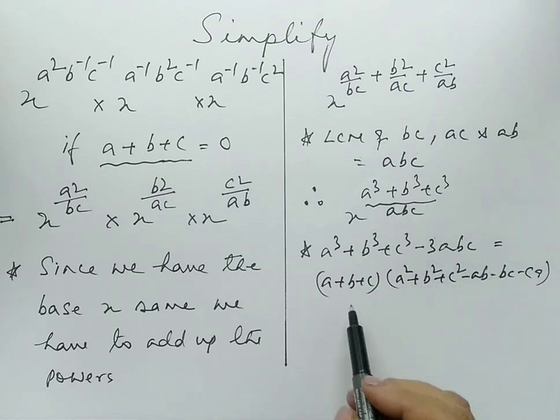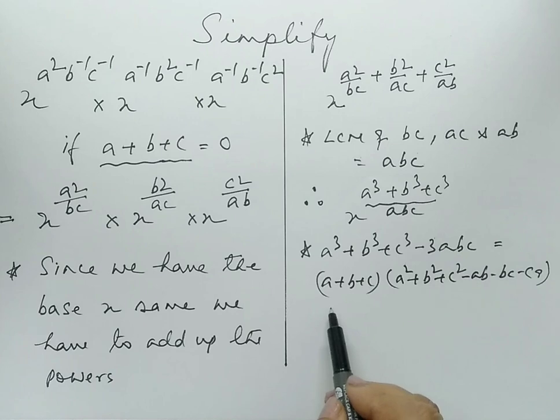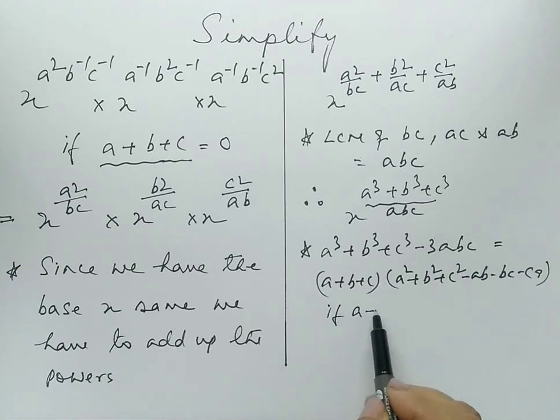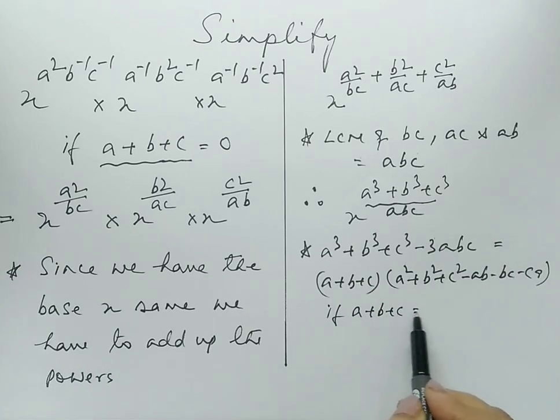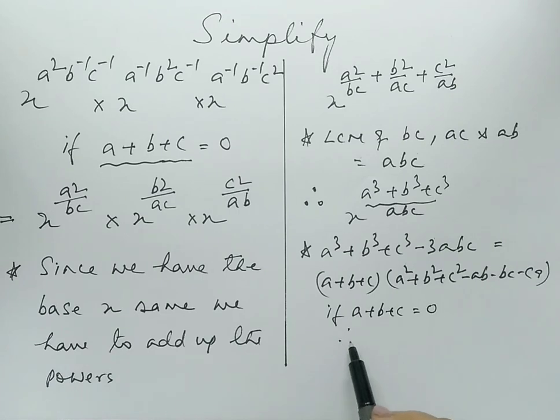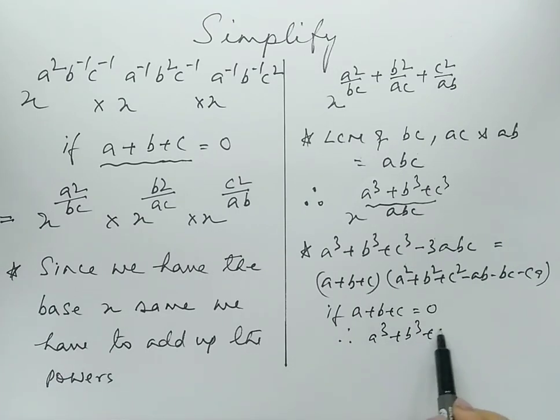If a plus b plus c is equal to 0, then a cube plus b cube plus c cube will be equal to 3abc.